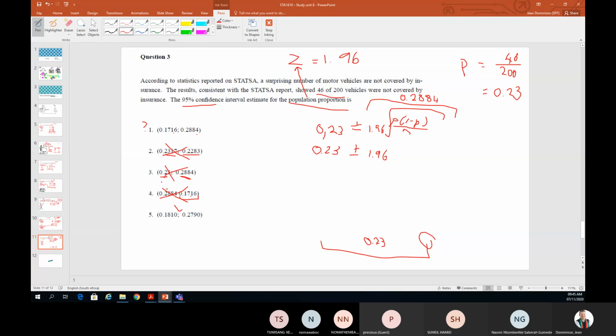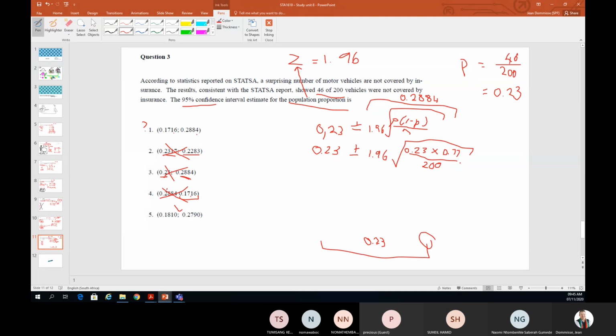It seems like in all of these questions they give you the x and they give you the part that you need to plus and minus. So let's just check. It's 0.23 times 1 minus 0.23, which is 0.77, and that divided by n, which is your 200, and the square root of that.